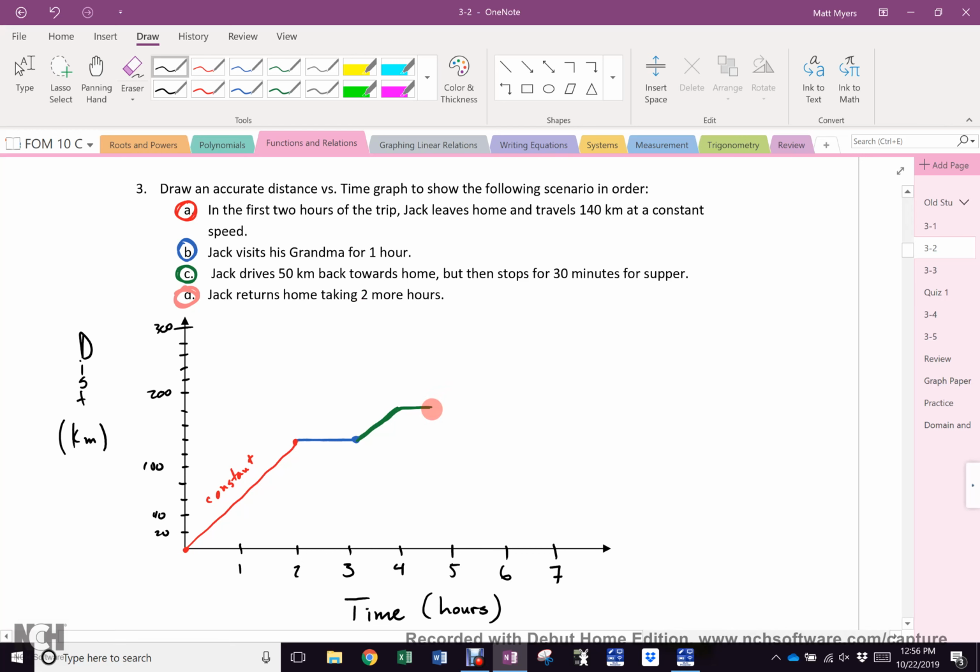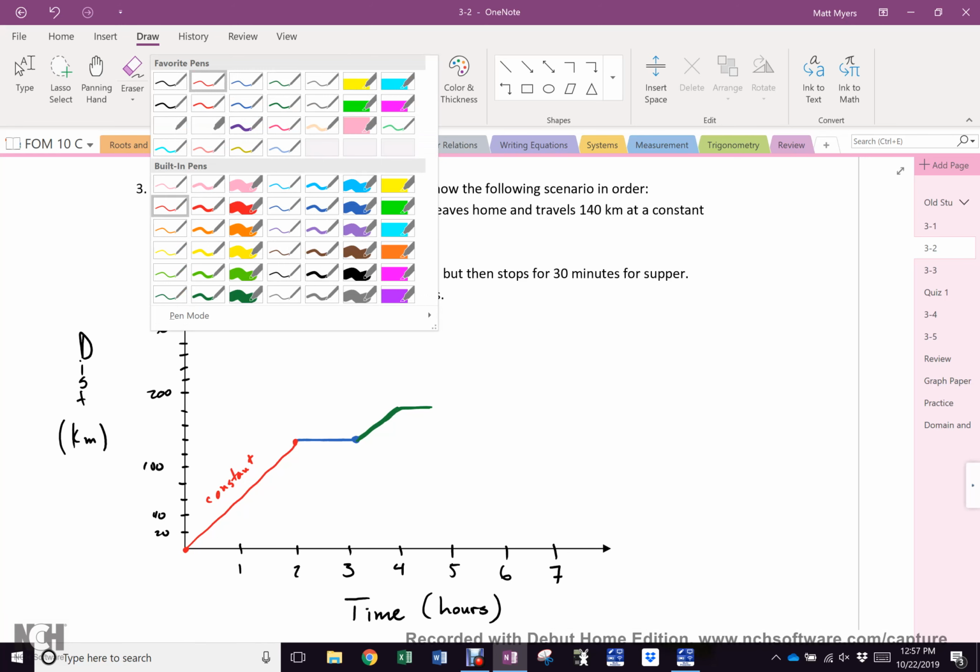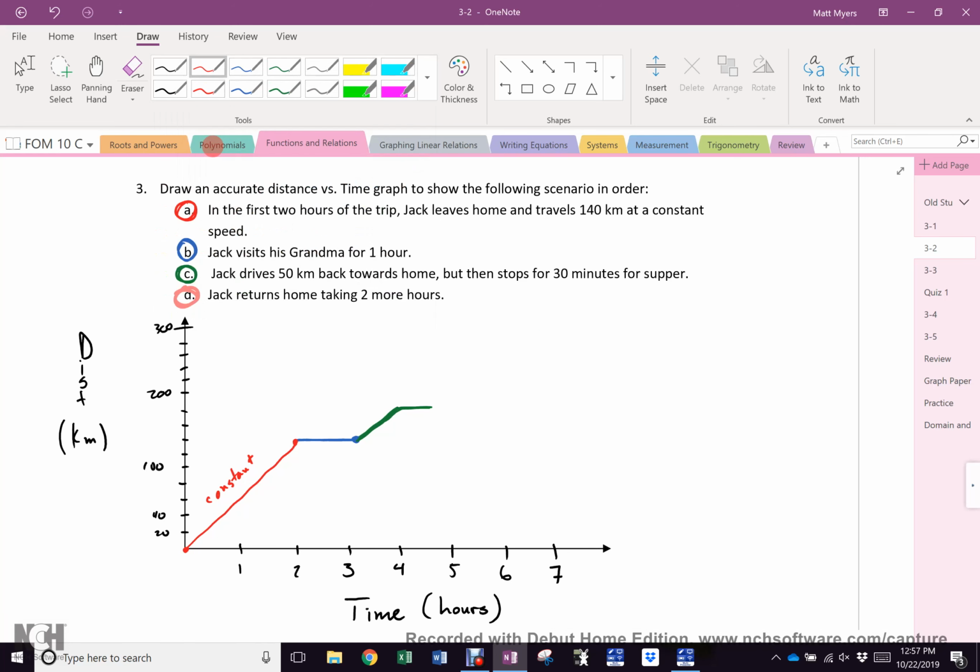So I'm going to go a shallower line for 2 more hours till about 6:15, and that's going to be the pink line, till about 6:15 up to 280. Everybody cool?